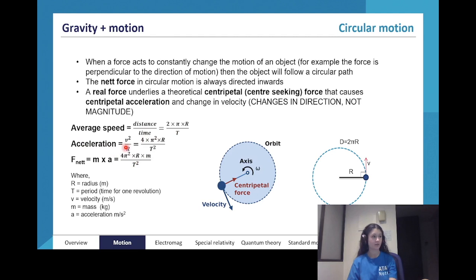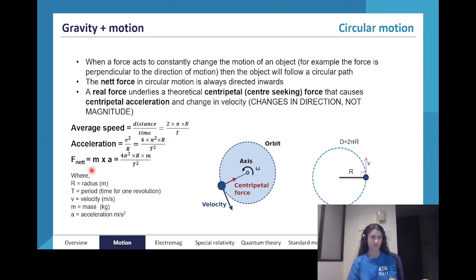The acceleration is given by velocity squared divided by the radius, which is equal to 4 pi squared r divided by the period squared.